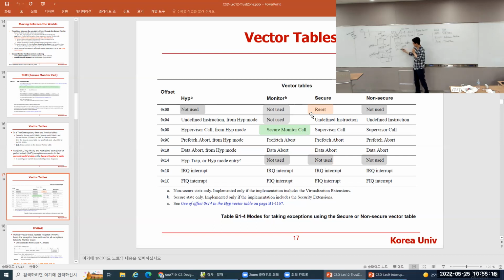This one is for a banking application. You need a separate page table. How about an exchange Bitcoin program? So you need a separate page table for each application program. Then you need to say, okay, now my Bitcoin program starts from that place. You need a separate TTBR register.